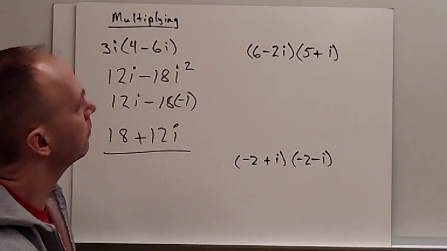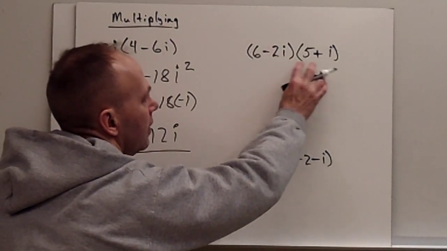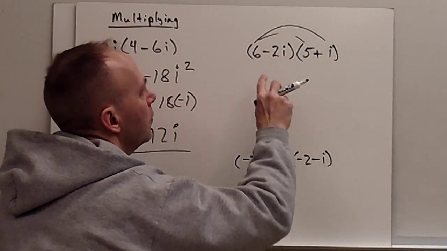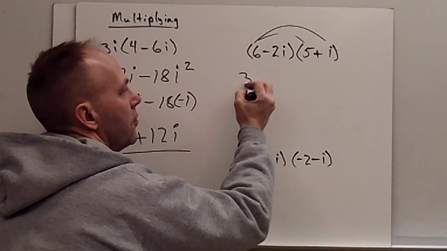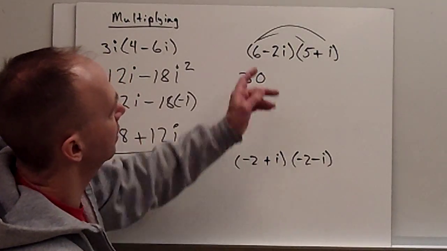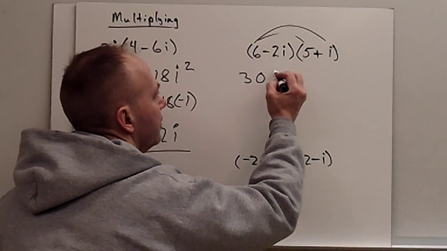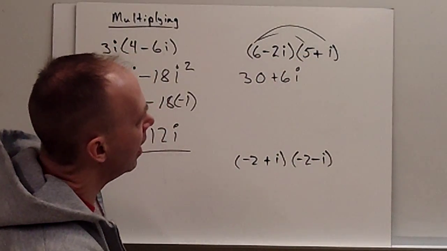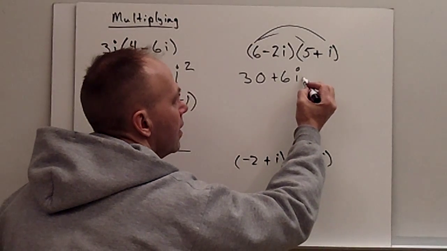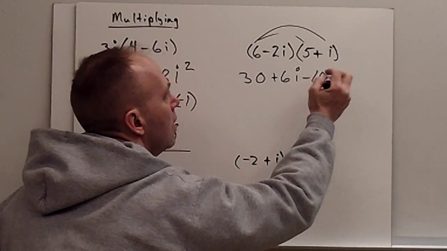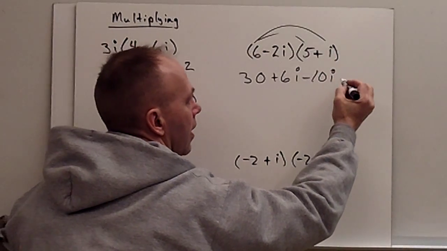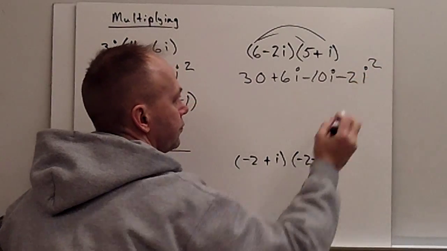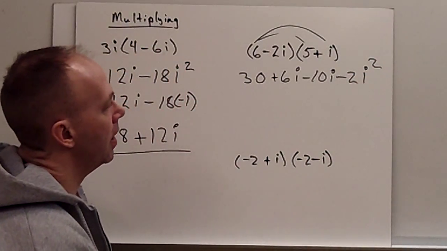Yeah, let's do it. Just like multiplying binomials with x's, I'm going to distribute. 6 times 5 is 30. 6 times i is a positive 6i. Negative 2i times 5 is negative 10i. And then negative 2i times i is a negative 2i squared. Piece of pie.